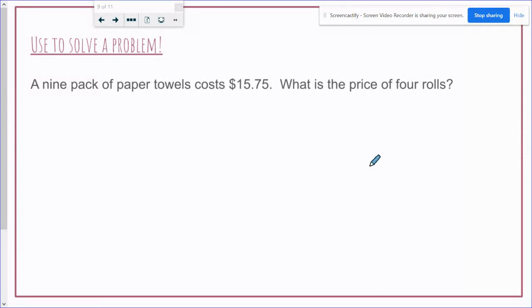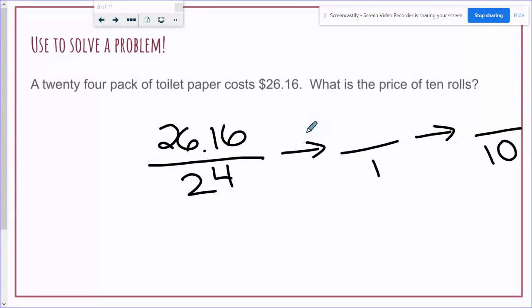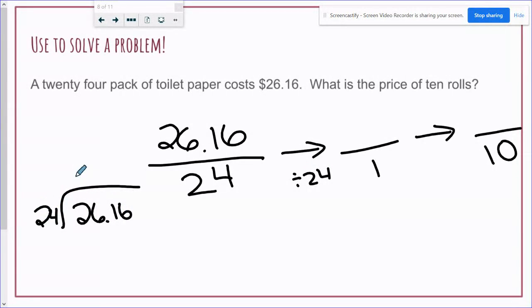So we're going to find the price of one roll first, by dividing by 24. 26.16 divided by 24. 24 fits into 26 one time. Subtract, you get 2. Bring down a 1. 24 fits into 21 0 times.